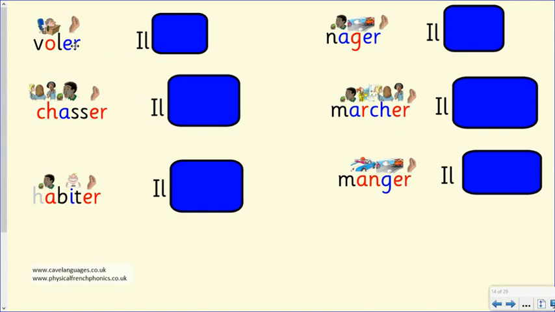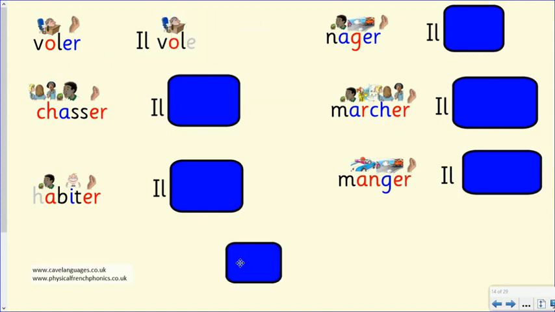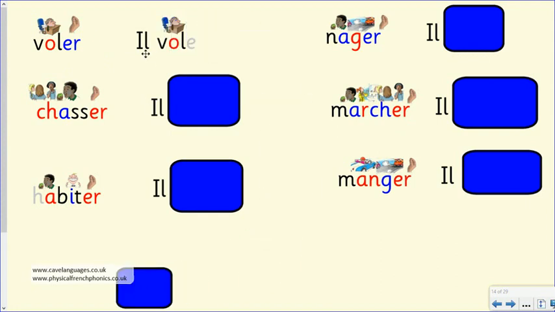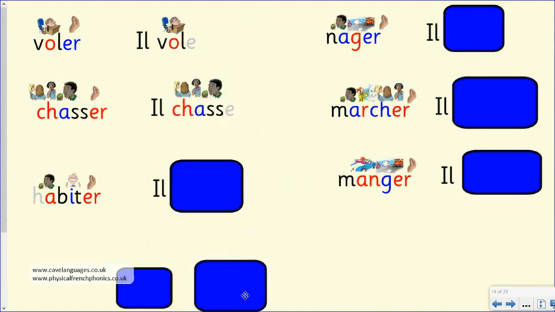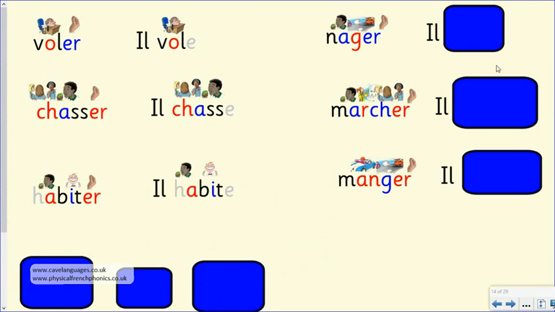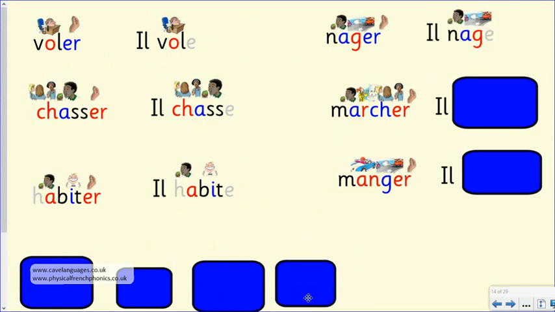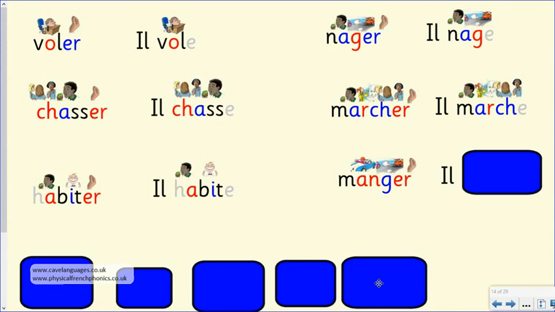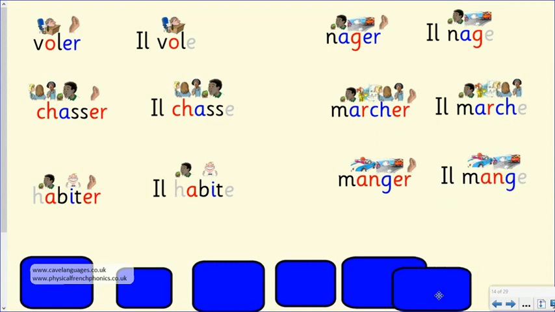And what did we change it to? We changed it to an E, which will be silent. So now it will sound as il vole, il chasse, il habite, il nage, il marche, il mange.